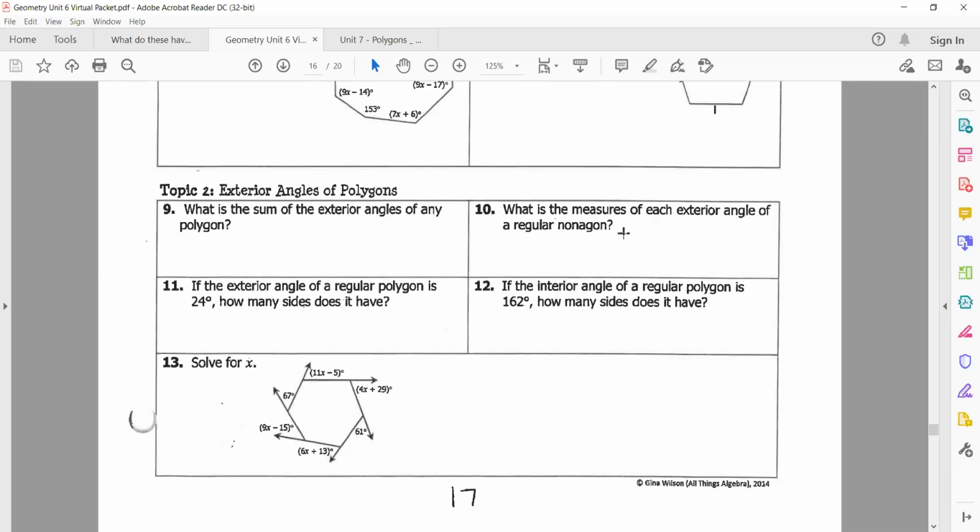So 360 divided by 9, 40 degrees, every one of them. 11 and 12 kind of turn the formula around a little bit, but it's still the same basic thing. You have 360 total degrees, and then you have to figure out how many sides are involved. It's just the flip version of problem number 10 in essence.